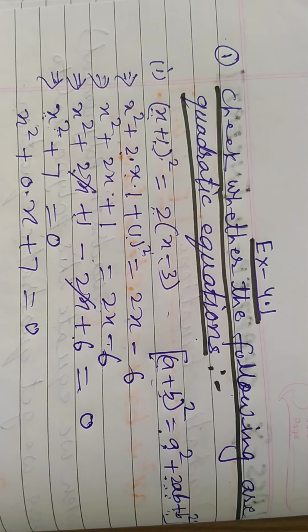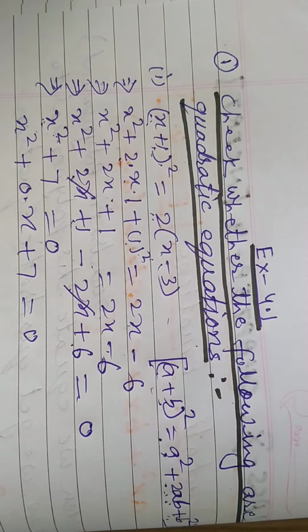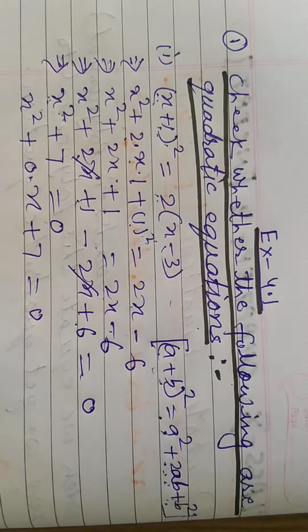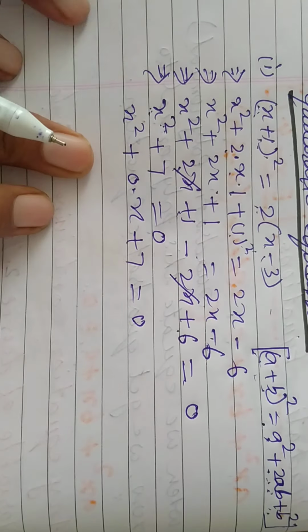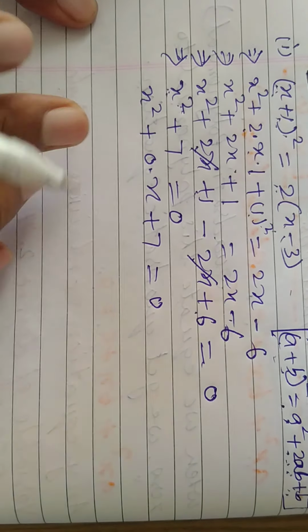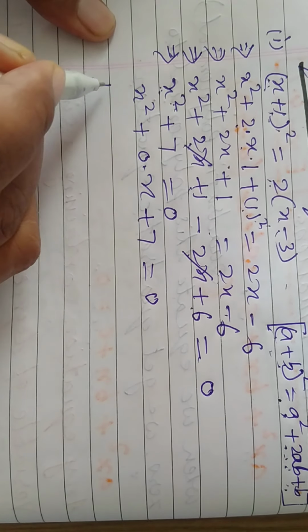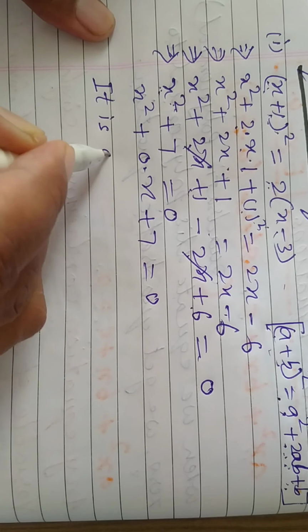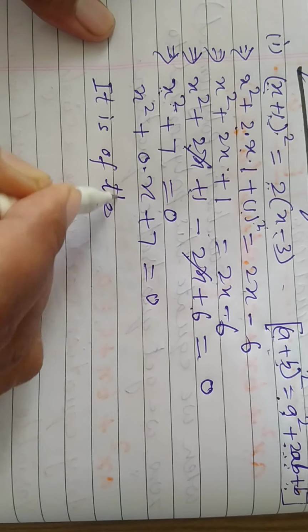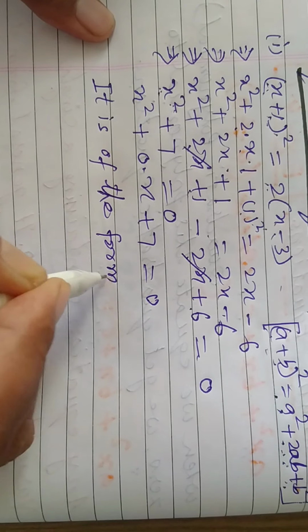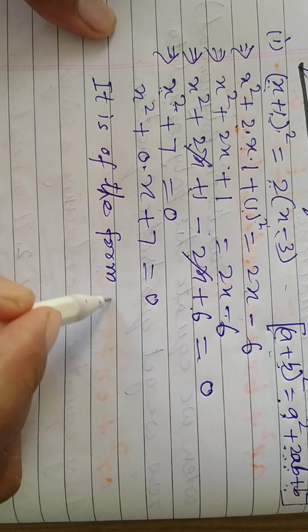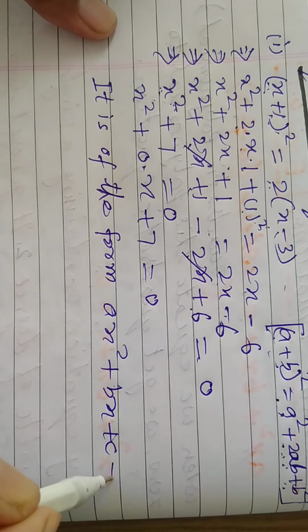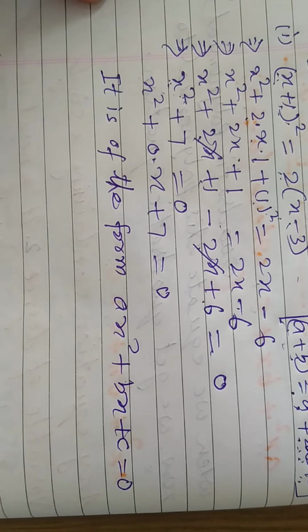It is of the form ax square plus bx plus c equal to 0.